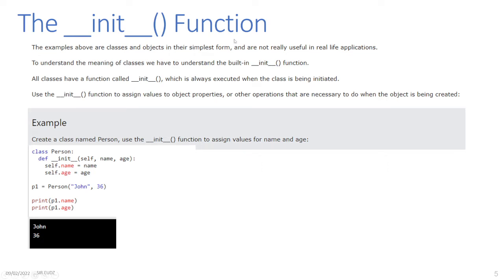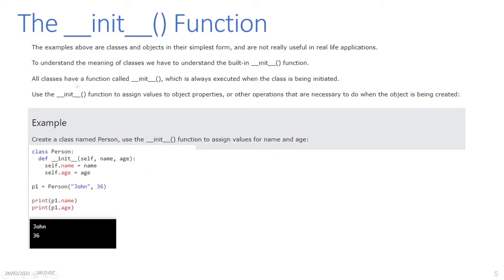The init function. The examples above are classes and objects in their simplest form and are not really useful in real-life applications. To understand the meaning of classes, we have to understand the built-in init function, or initialization function.